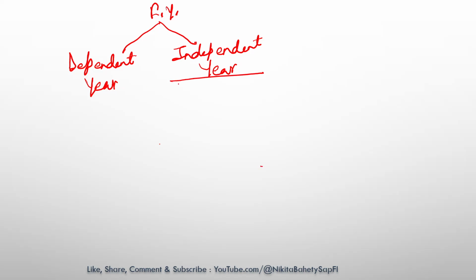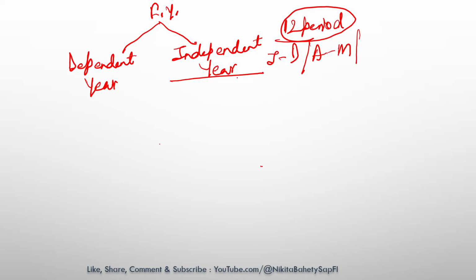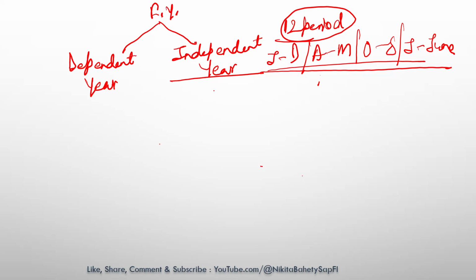So which year will be independent? Any year of 12 periods will be independent, right? Whether it be January to December, April to March, October to September, or July to June, because all these have 12 months and are not dependent. January ends at 31st, February ends at 28 or 29 depending on the leap year, March ends at 31st.